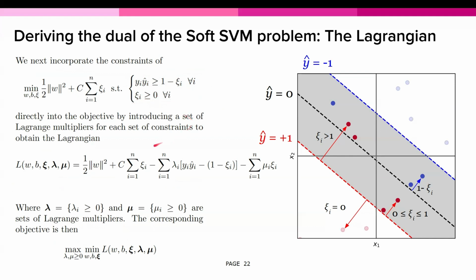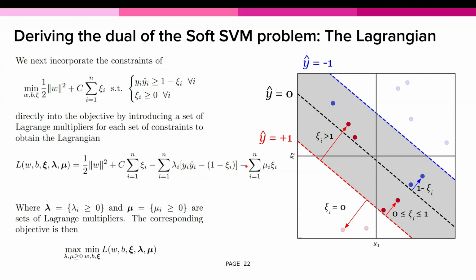Okay, so now we're ready to take the next step in deriving the dual form of the soft margin SVM by incorporating these constraints using Lagrange multipliers like we did last class. To move from the primal optimization problem to the dual form, we introduce this set of Lagrange multipliers to handle the constraints on the slack variables, as well as the non-negative term.